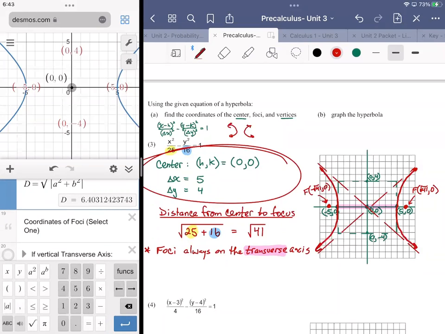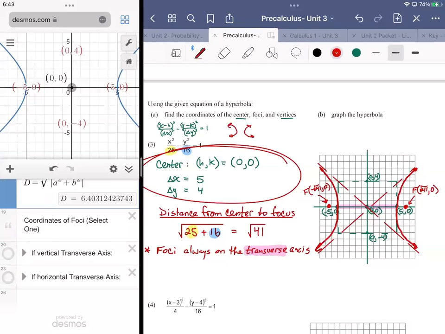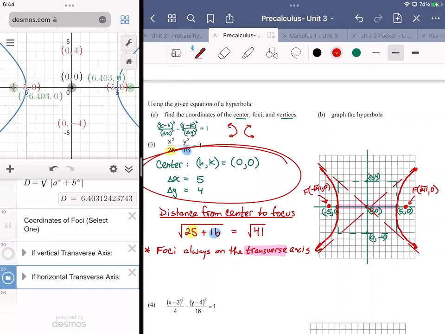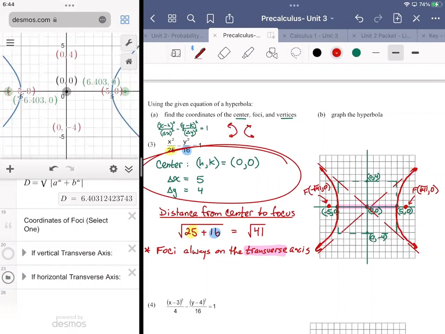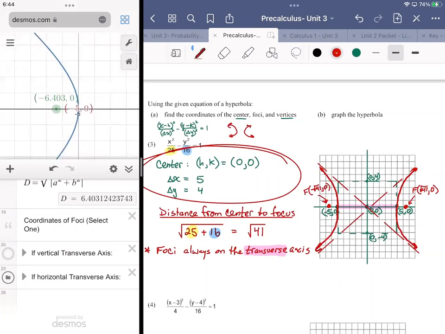So that'll work. But bottom line is you now know how far you need to go in order to get to the foci. Now, I also have coordinates of the foci, select 1, because it depends on whether it's a horizontal transverse axis or a vertical transverse axis. Since it's a hyperbola that opens outward, it's a horizontal transverse axis. So I would tap on that one, and it would plot the points for me for the foci. But again, it's kind of messy, so you've got to be careful.